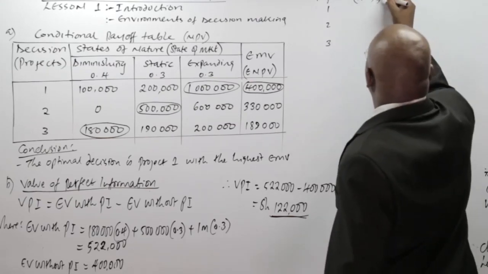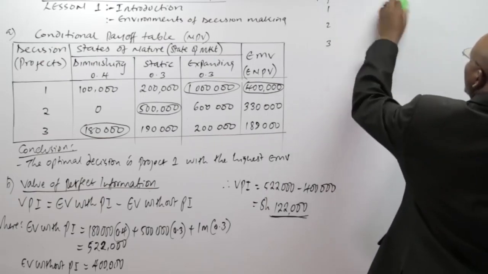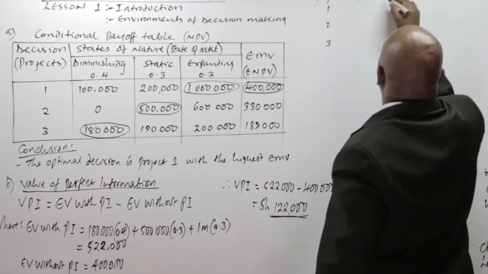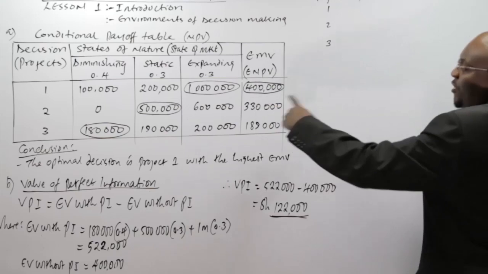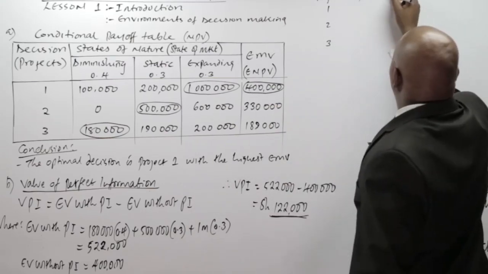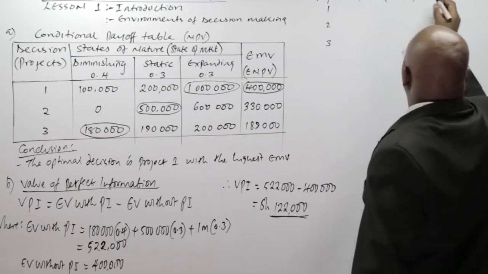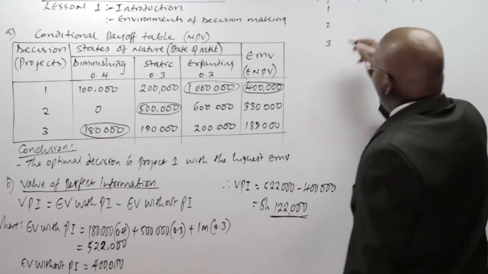This is my x bar. Then I have x, and this is my probability. I have 3 of them. Suppose I'm having now x minus x bar squared, then probability.